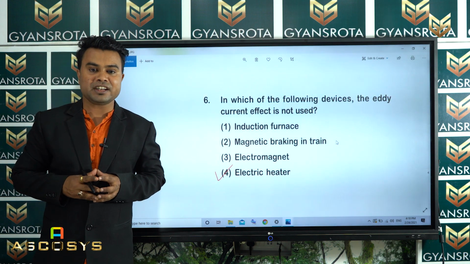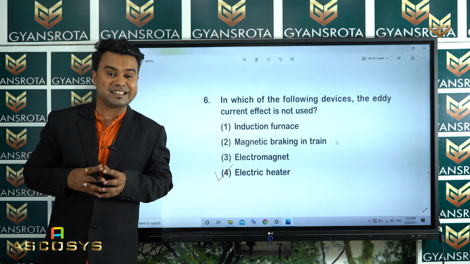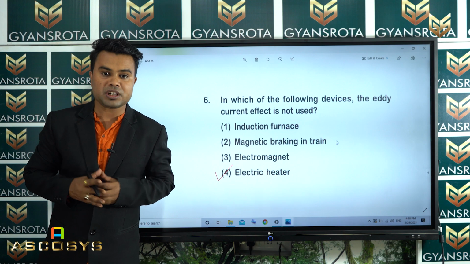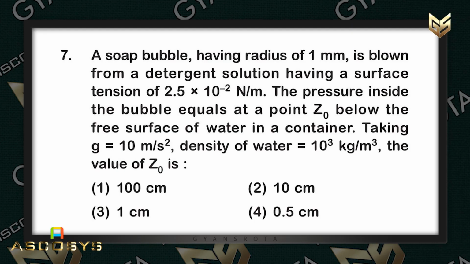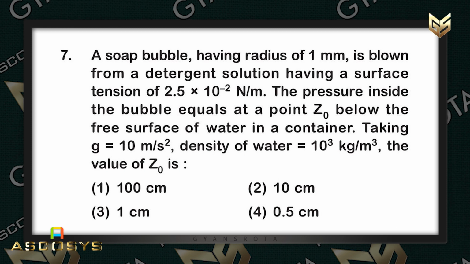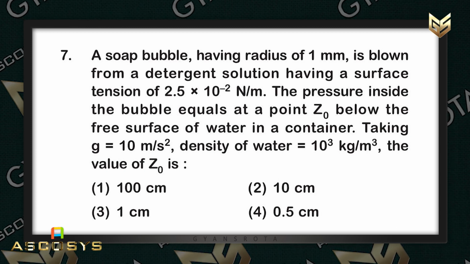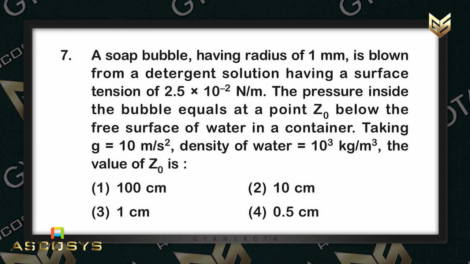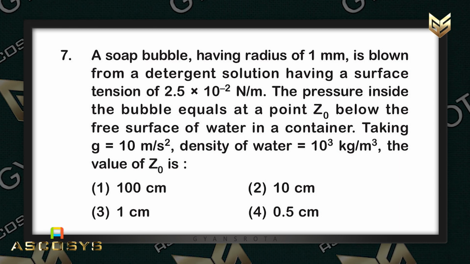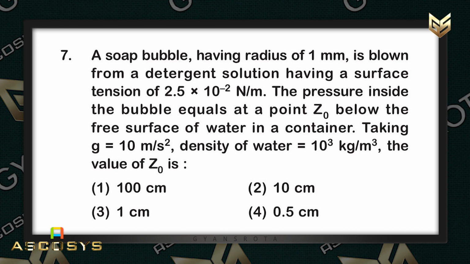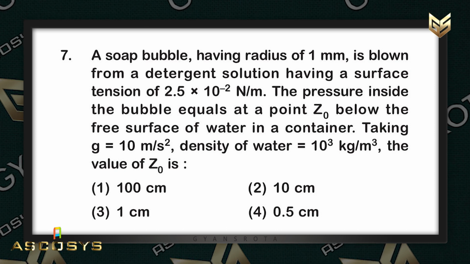Yeah, this is a very direct question which came in 2019 NEET. Let us move to the next question now. The next question says that a soap bubble having radius of 1 millimeter is blown from a detergent solution having a surface tension of 2.5 into 10 to the power minus 2 Newton per meter.